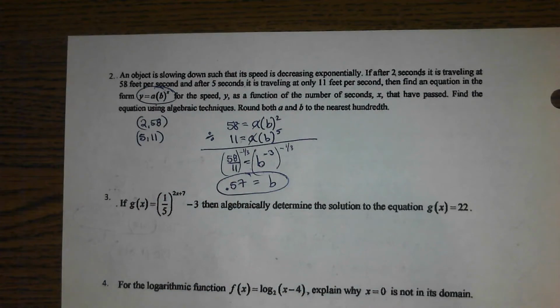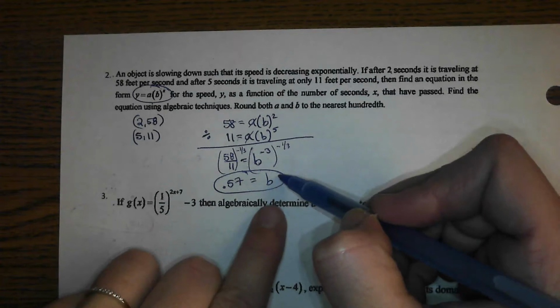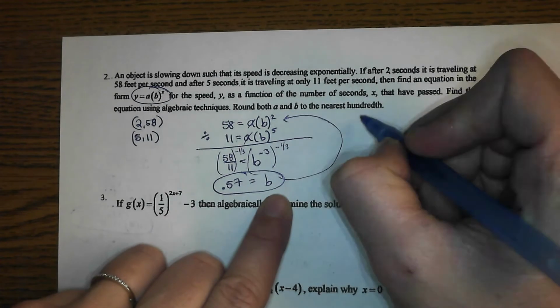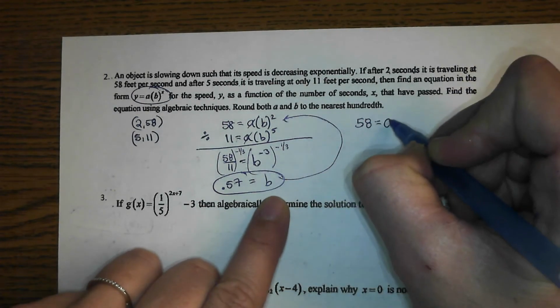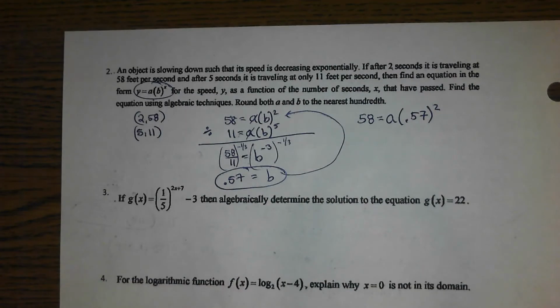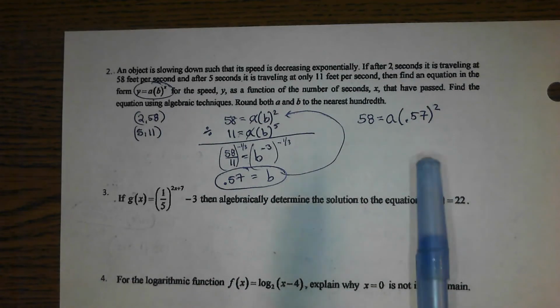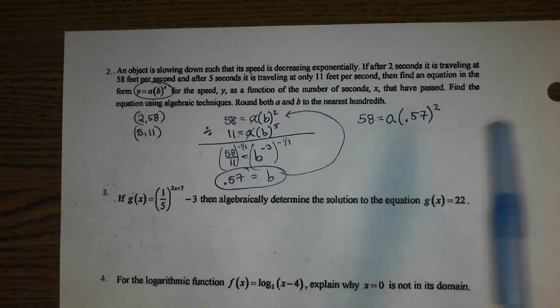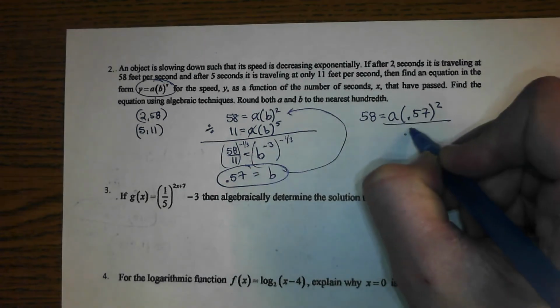Just like any other system, once you know b, go back to the easier of the 2 equations and solve for a. So I essentially need to divide both sides by 0.57 squared.